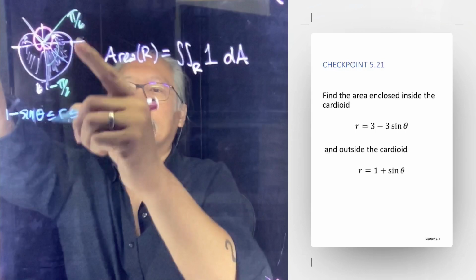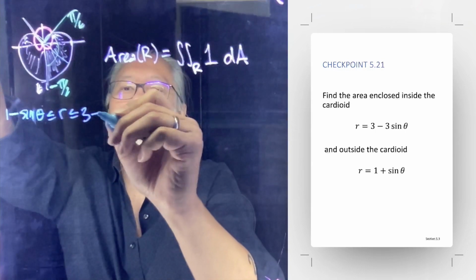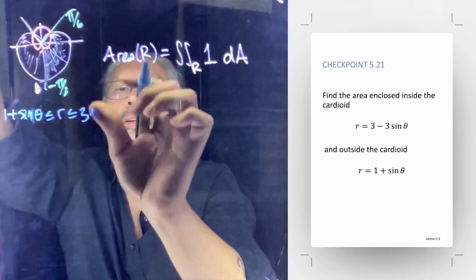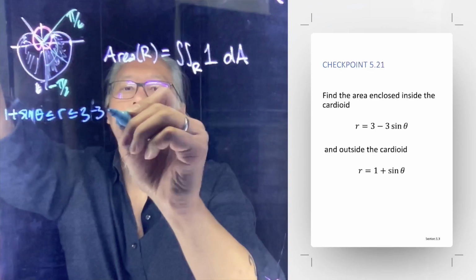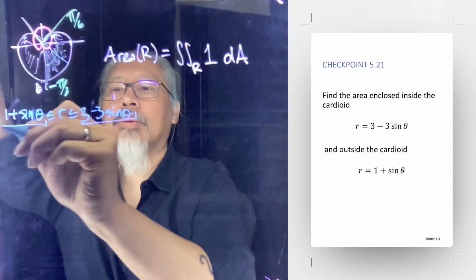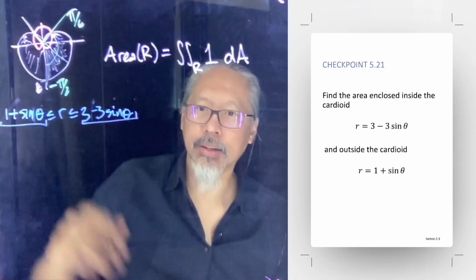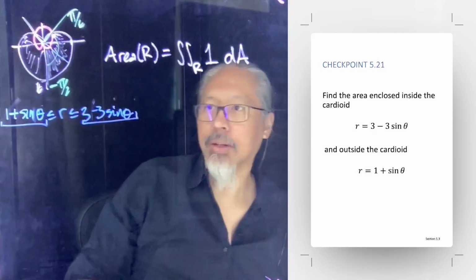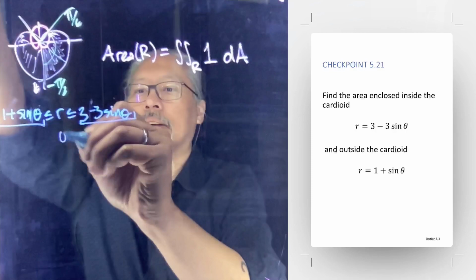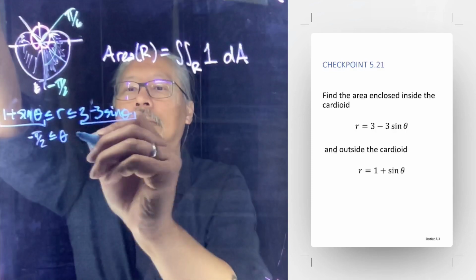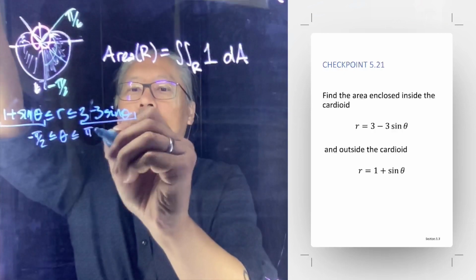And then the larger function is 3 plus, or 3 minus. One of them is a minus. This is a plus, this is a minus. So these are the two functions we're dealing with, and those are the radial distances, the lesser function and the larger function. And then our theta, we're going to just go from minus pi over 2 to pi over 6.